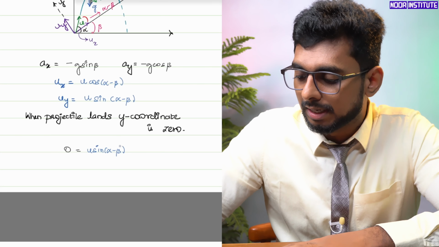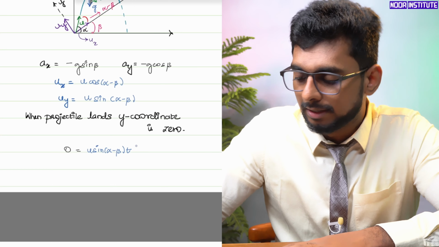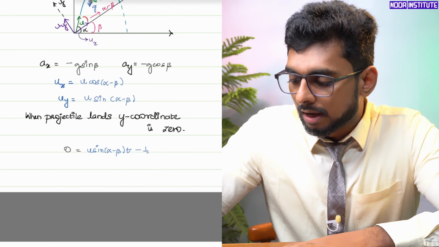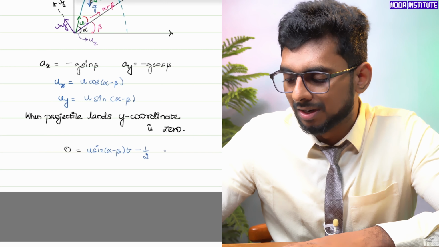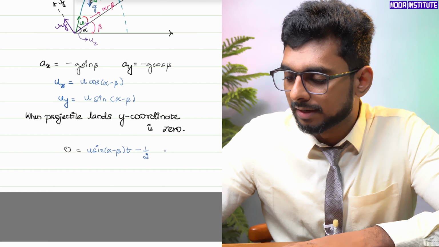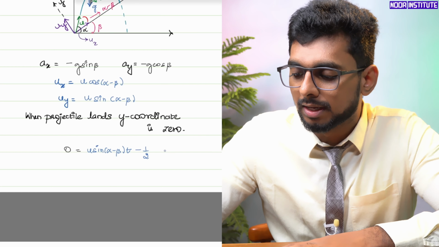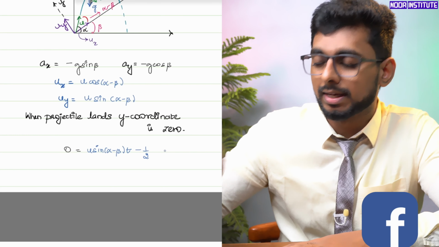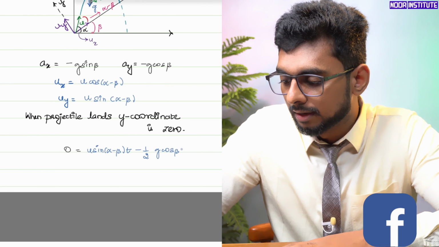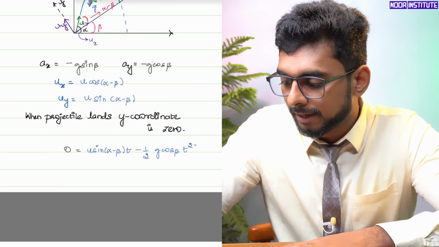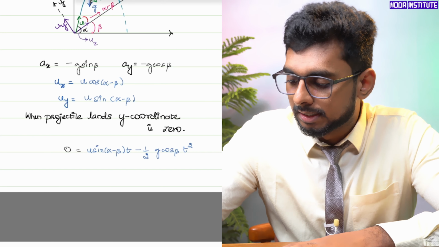So 0 equals u sine alpha minus beta times t, minus half at square. I've just substituted the minus straight away. Instead of a, I'll substitute ay, the acceleration along the y-axis, which is g cosine beta, and then t square. So what I need to find here is the t.